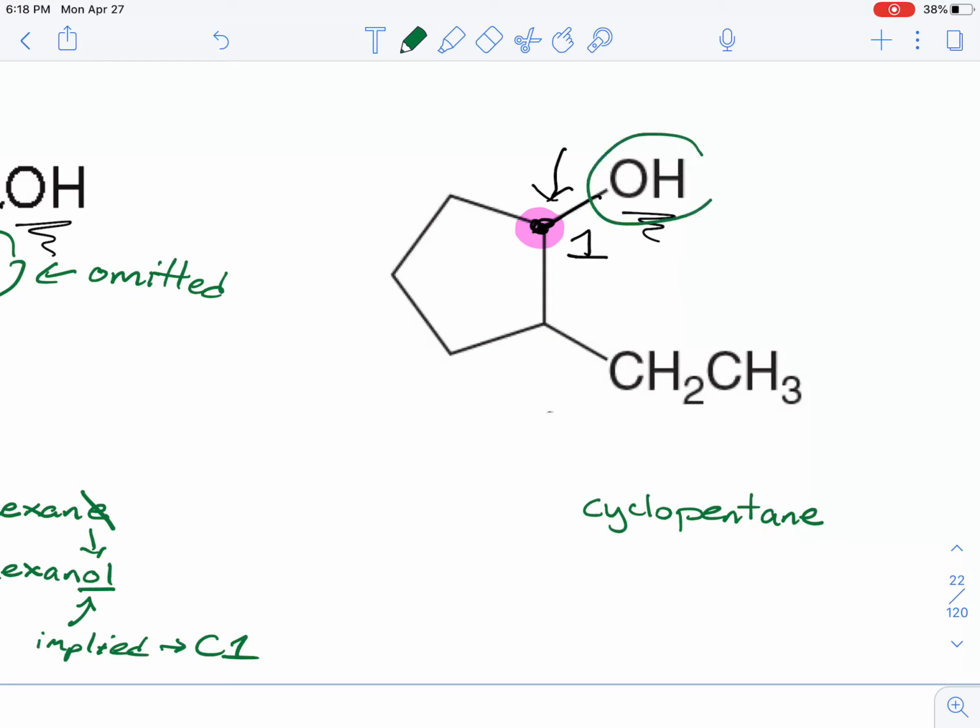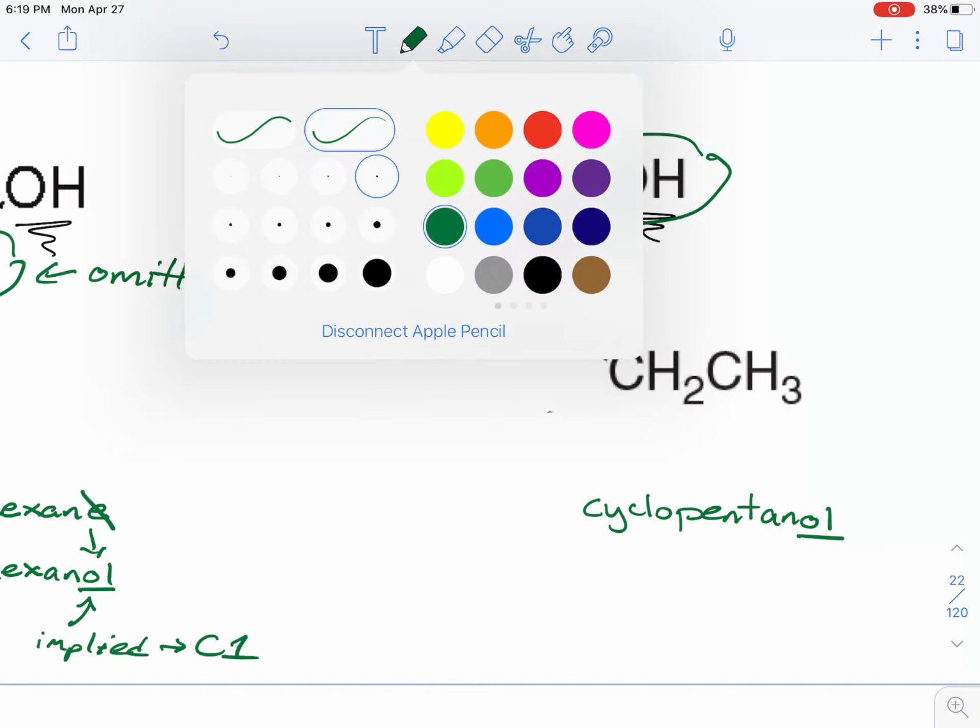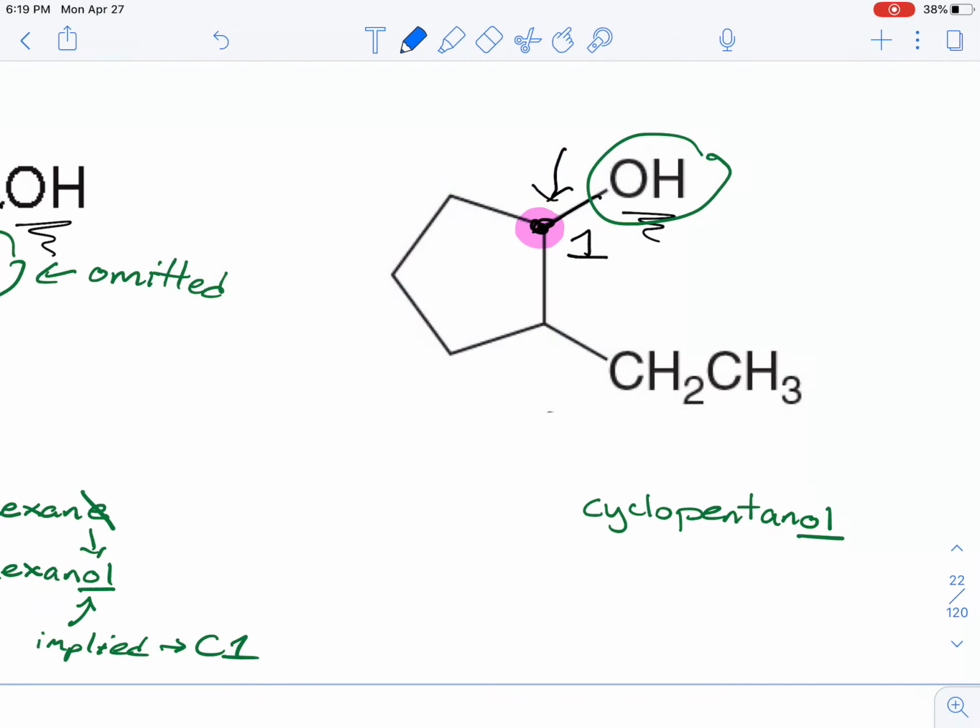Since we have the presence of an alcohol, we're going to go ahead and erase the E, add in the OL. And since this is a ring, we don't need to put the number 1 in our nomenclature. And so we just need to figure out our numbering system. I'm going to represent blue as clockwise.